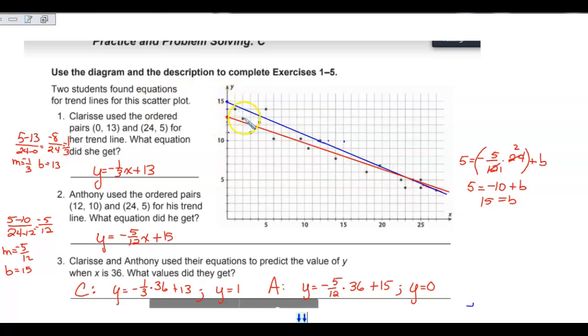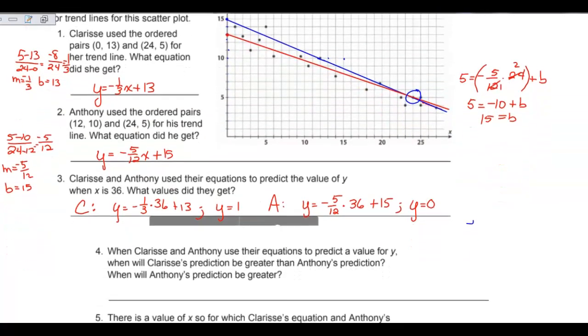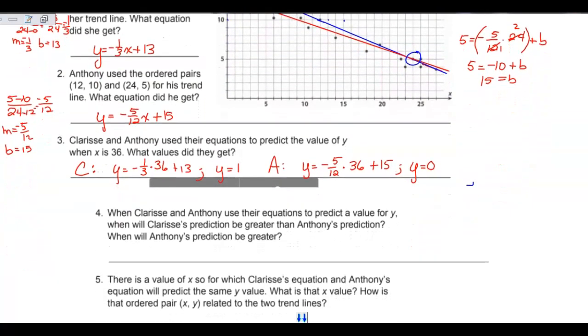What I notice is that Anthony's is higher than Clarice's until they get to this point right here. Then it switches, and Clarice's is actually higher than Anthony's, and Anthony's is lower. So the switch happens at x equals 24.